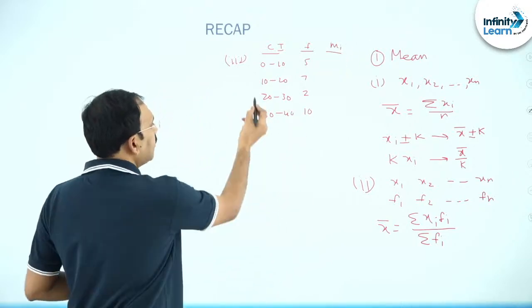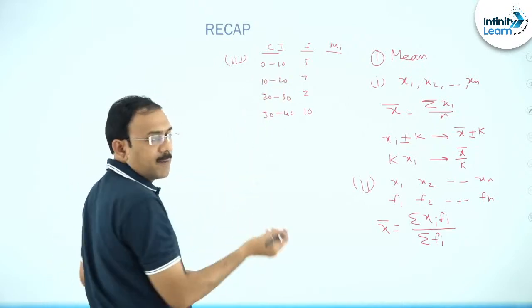Mid value of the class means lower boundary plus upper boundary by 2.